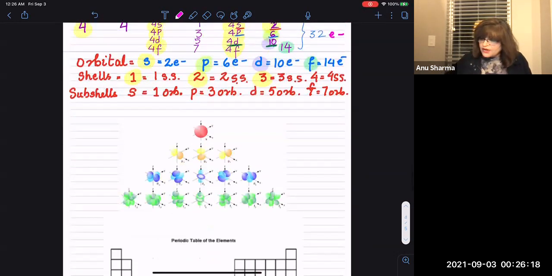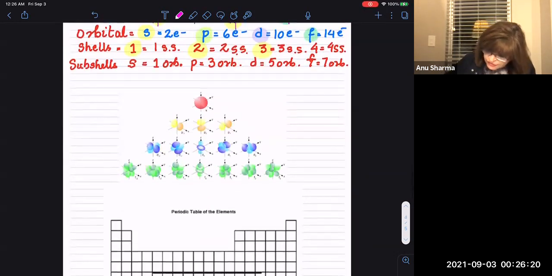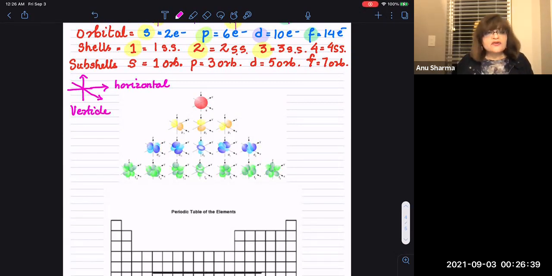Now, 3 dimensions are like this. We have horizontal, we have vertical, and we have diagonal. Okay, so those are the planes. This is the horizontal plane, the vertical plane. Our world exists in 3 dimensions.